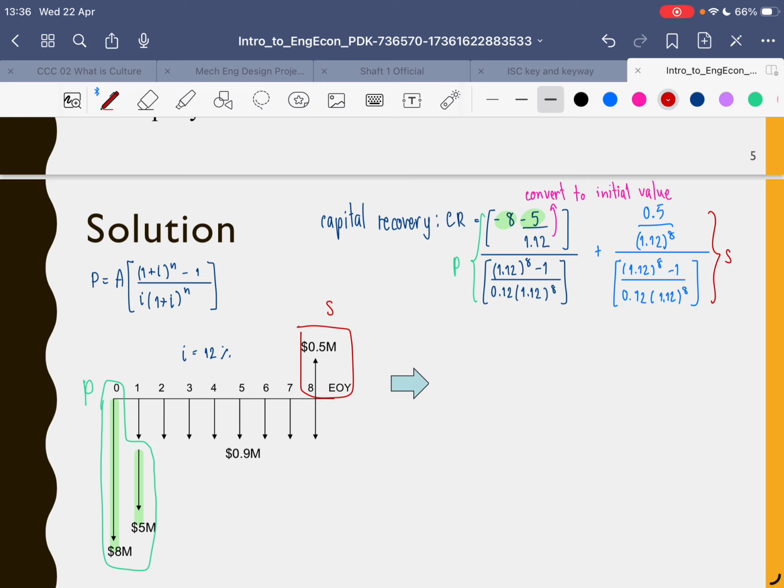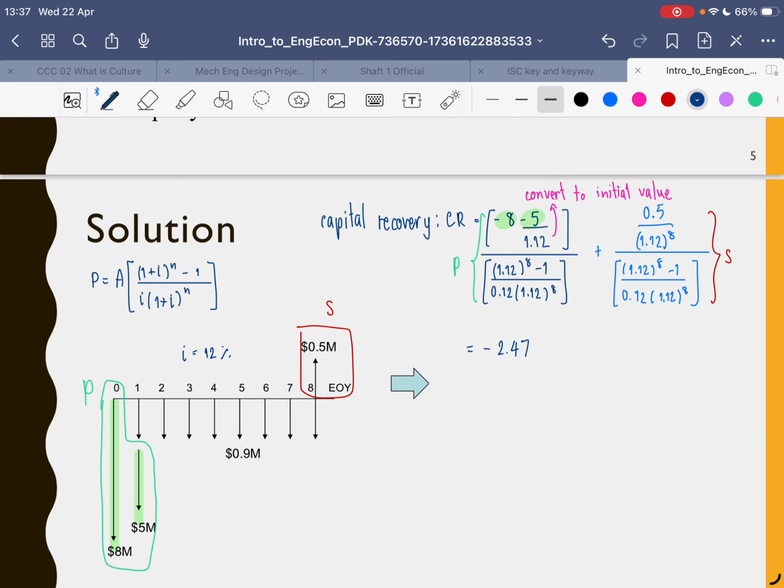And this is capital recovery, which means that during the useful life of this project, considering only the initial investment, the return that this machine needs to give us is at least $2.47 million per year in order to cover the initial investment.